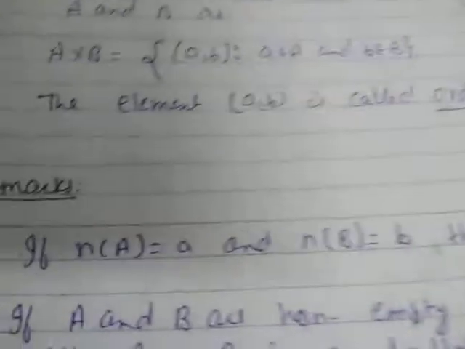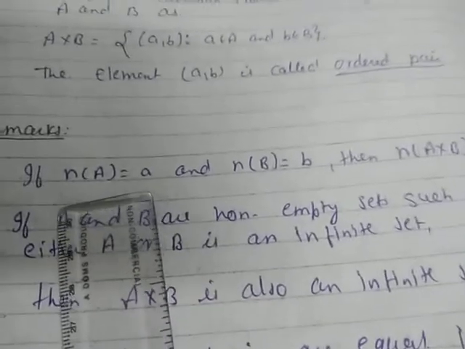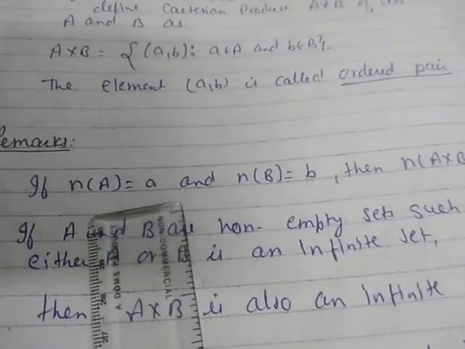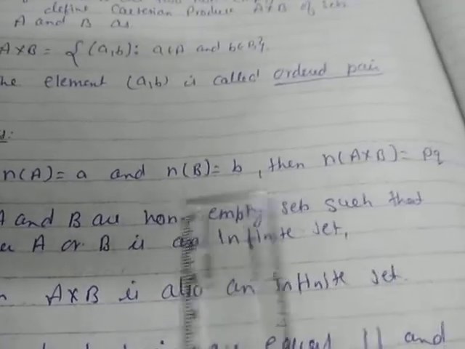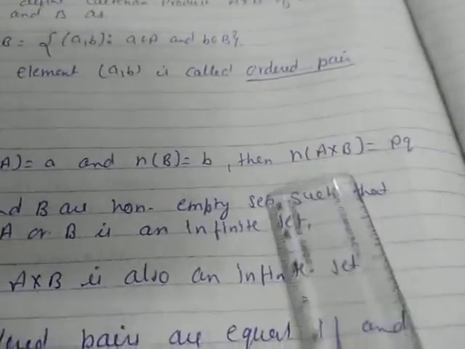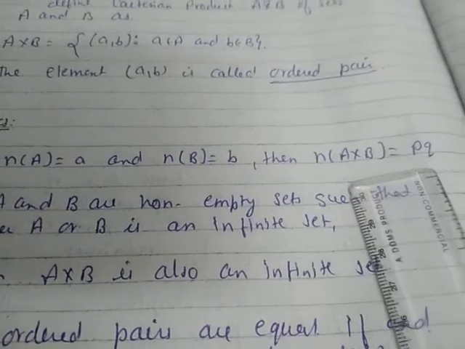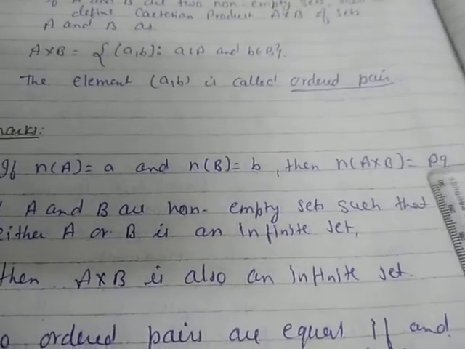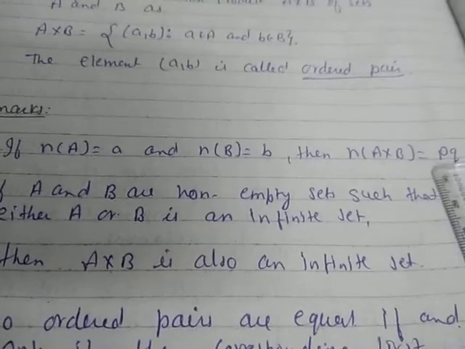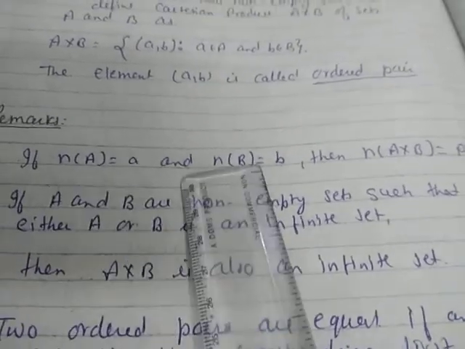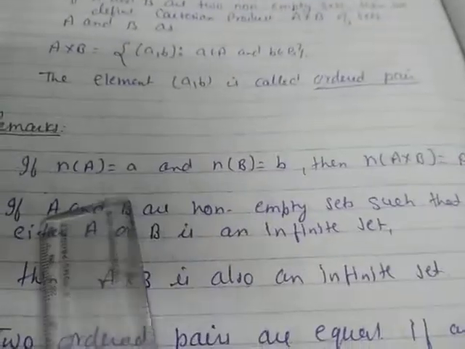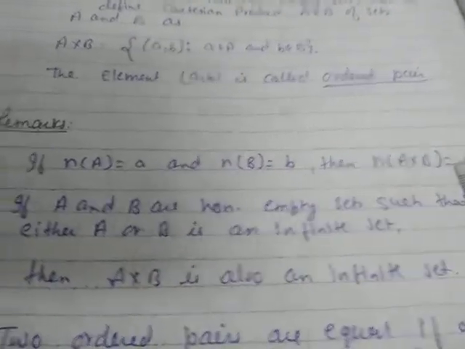Now some remarks are there. If number of elements of A is equal to a, small a, and number of elements of B is equal to small b, then number of elements of A cross B is equal to a into b. It is written pq. If it is P and Q, then it will be pq, and if it is A and B, then it will be ab.